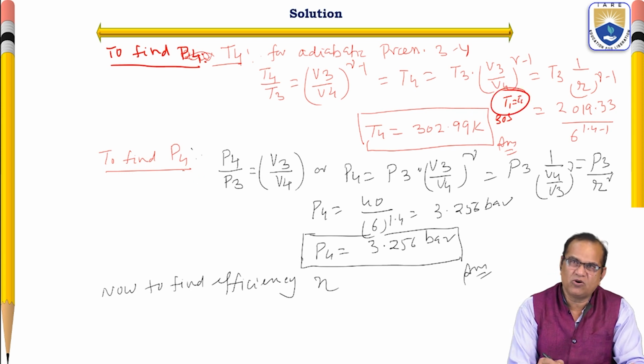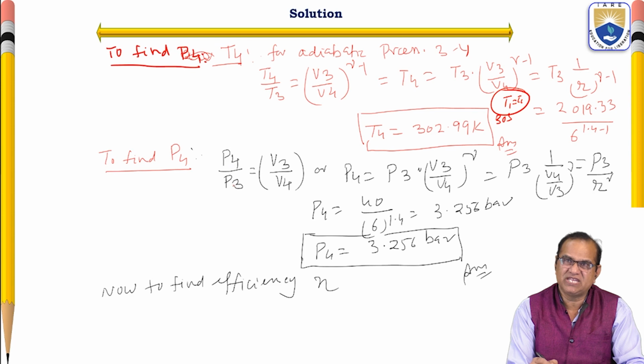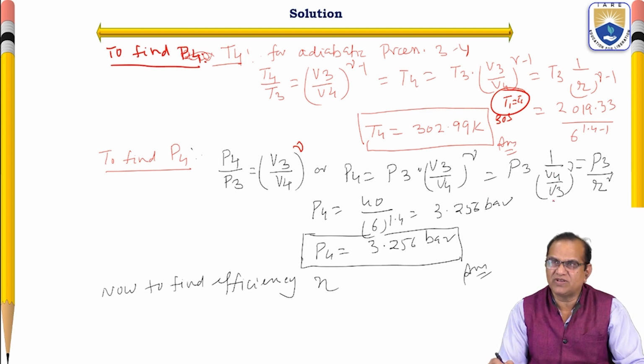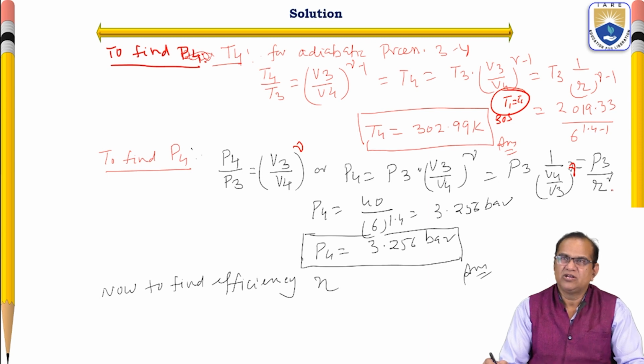To find the P4, P4 by P3 is equal to V3 by V4 to the power gamma. So P4 is equal to P3 into V3 by V4 to the power gamma, that is P3 by R to the power gamma. So here P4 is equal to 40 divided by 6 to the power 1.4.